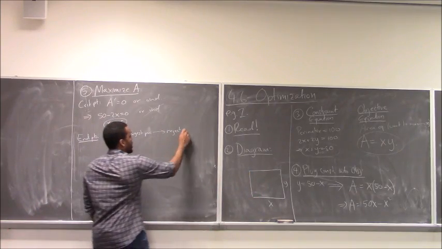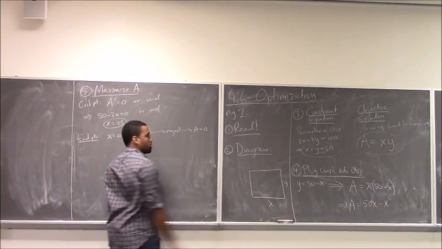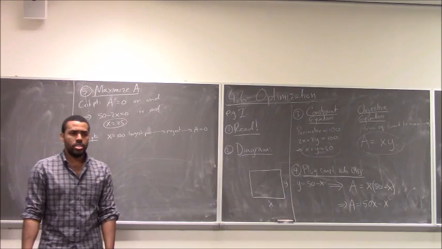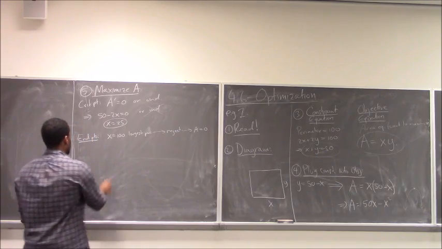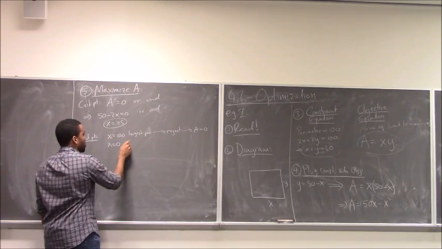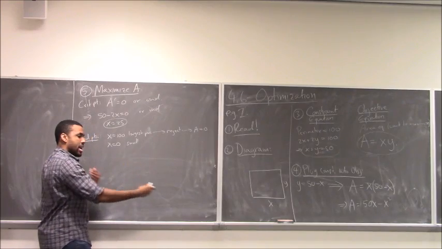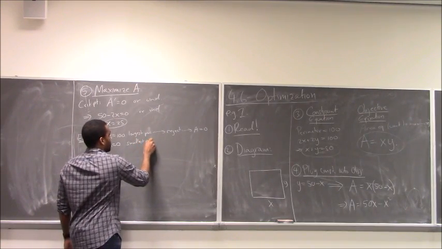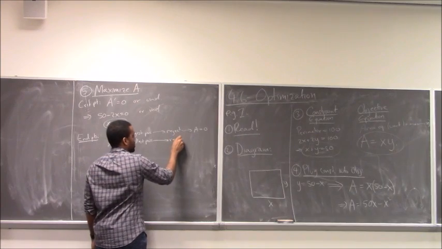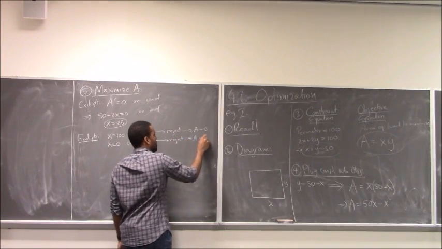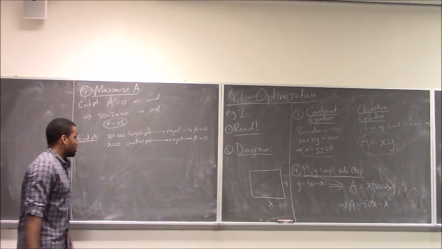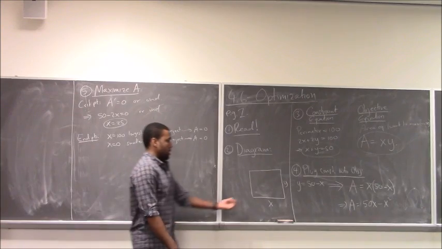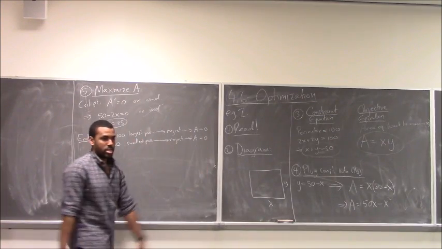That would create an area equal to 0, which is obviously not the best fence you can build. Similarly, x equals 0 is the smallest possible, so I'm looking at the endpoints here. But again, I would reject this possibility because that would again give an area of 0. If I devote nothing, that's obviously not the maximum area.